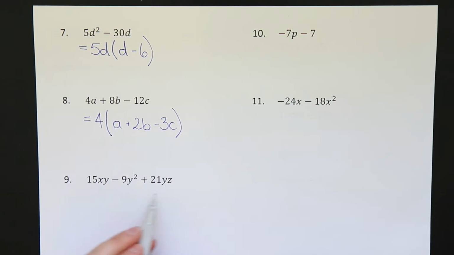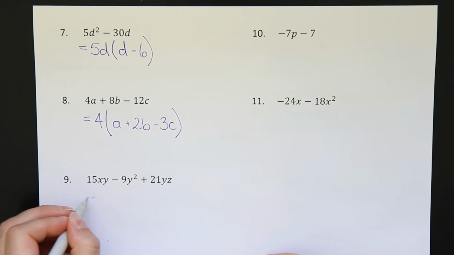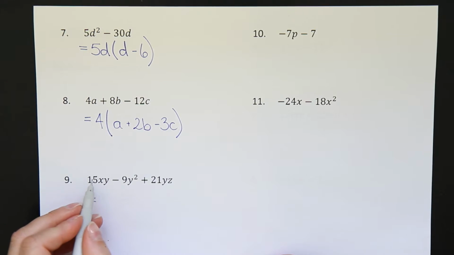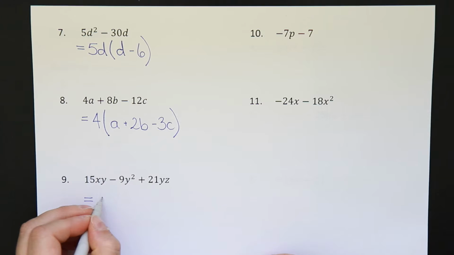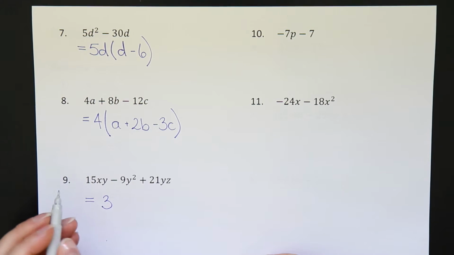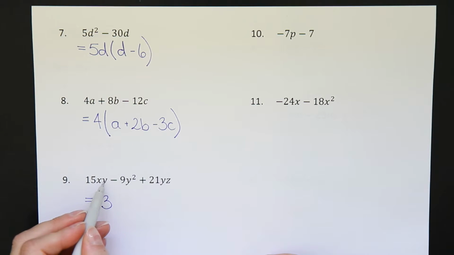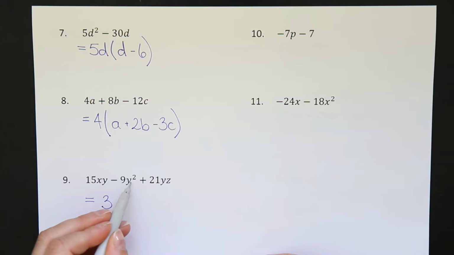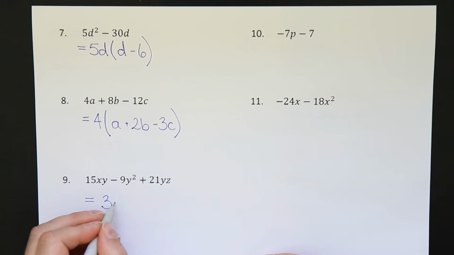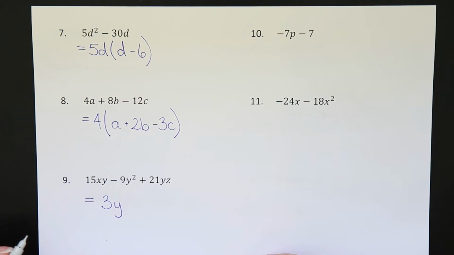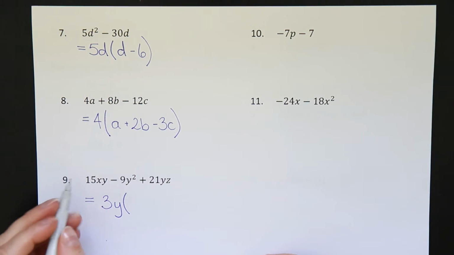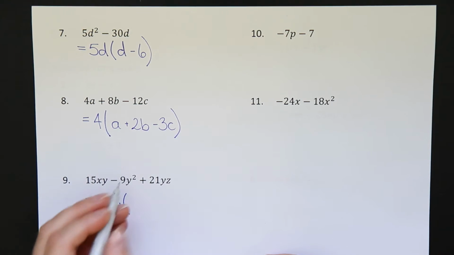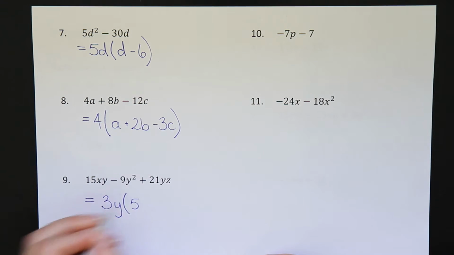Question 9, another 3-term one. This time I have a number factor, so 15, 9, and 21 can all be divided by 3. And I also have a letter factor. There's a y, there's 2 y's there, so there is a y in each of my terms. Let's put the leftovers in the brackets. 15 divided by 3 goes 5 times.